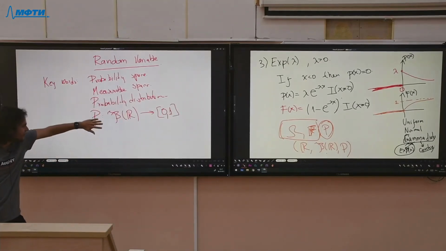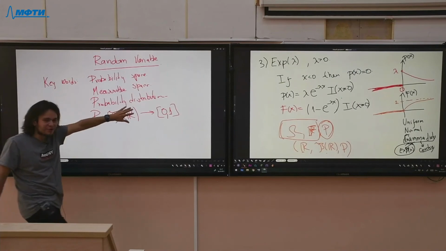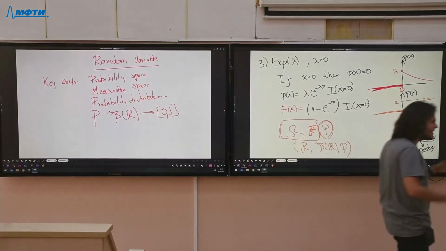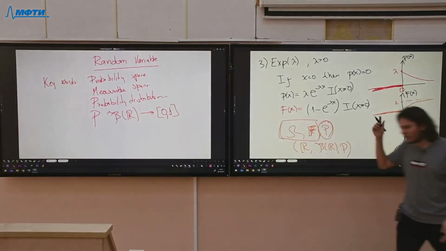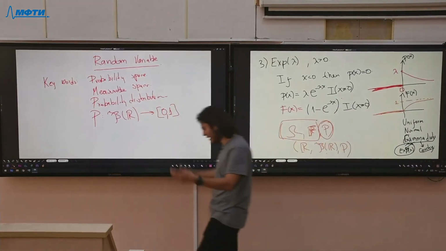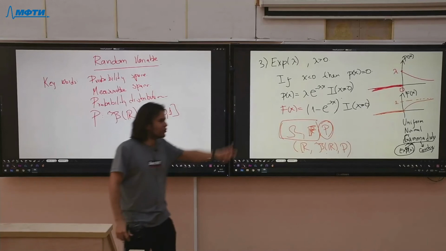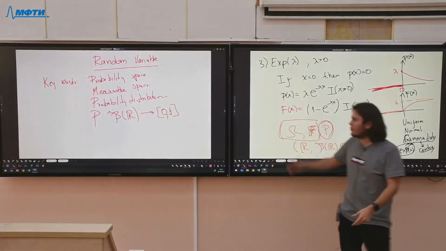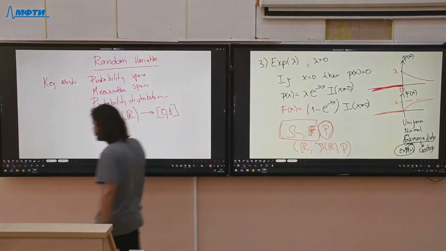Any such function is a probability distribution, and of course this function is not unique. The Cauchy distribution, the normal distribution, all of these are functions, probability measures, probability distributions.